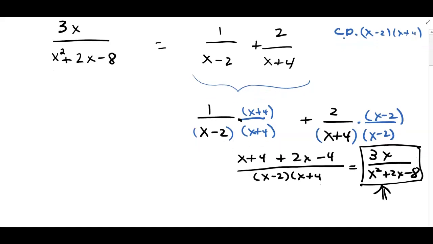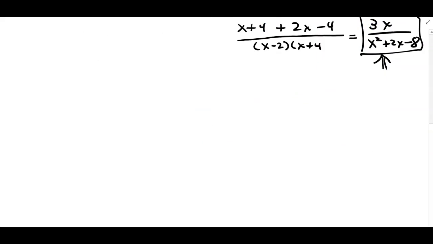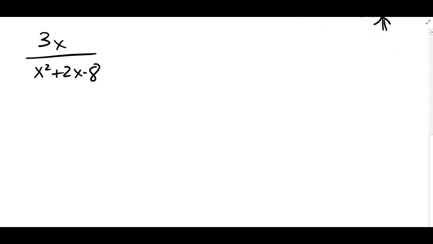So let's review that process real quick, and then we'll understand why we need it. So again, I'm going to write down the original, and let's review the basic process of taking a rational expression and breaking it into partial fractions.